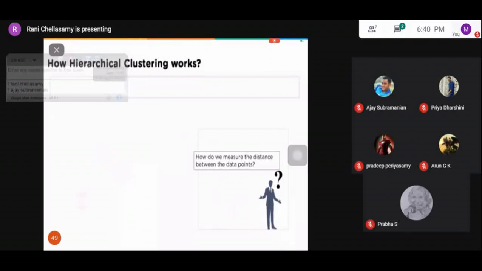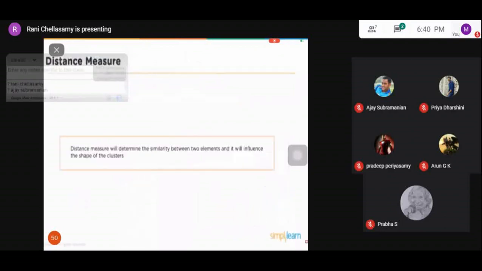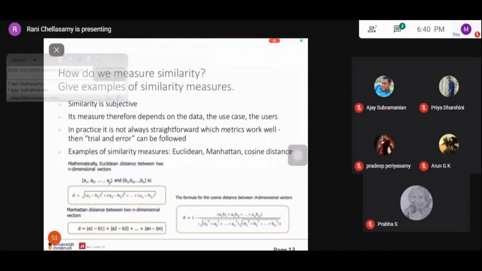Then how do we measure the distance between the data points? You need to find the distance measure. This will determine the similarity between the 2 elements, and it will influence the shape of the clusters also. This similarity is subjective, and the measure therefore depends on the data, use case, and the users.